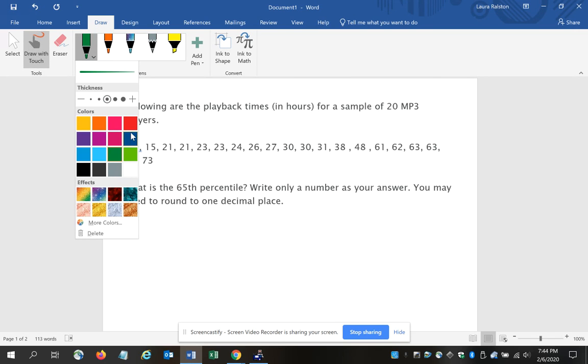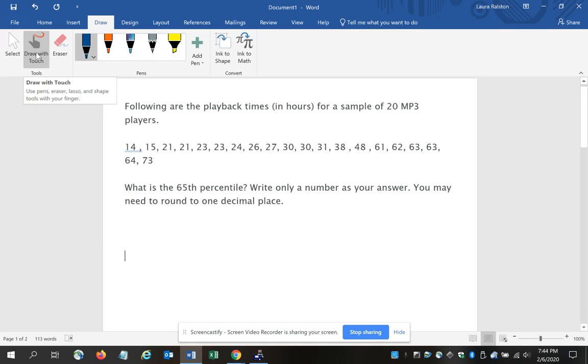And so we use what's called a locator, and the formula for the locator of the percentile is L equals the percent divided by 100. Okay, so L equals your percentile that you're looking for divided by 100 times N, which is the sample size.